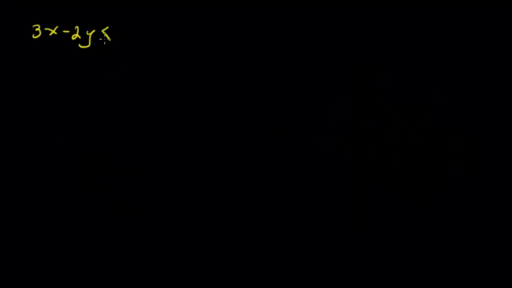3x minus 2y less than or equal to 24. We have seen this before. We first figure out what the equation looks like and then rearrange it to see what less than or equal means instead of equal. So first let's rearrange it and write it in slope-intercept form. First we subtract 3x from both sides, then we'll have 3x minus 3x minus 2y less than or equal to 24 minus 3x, right?